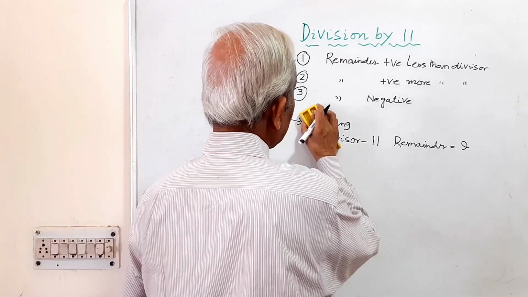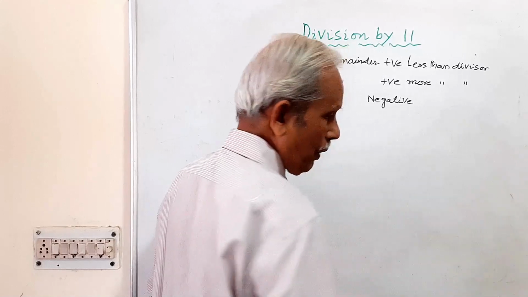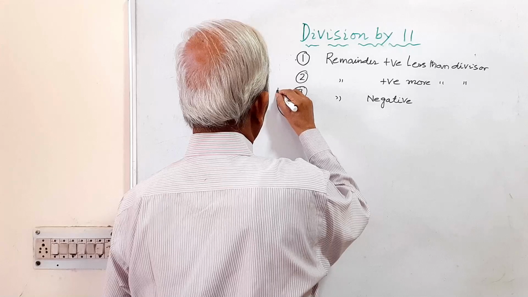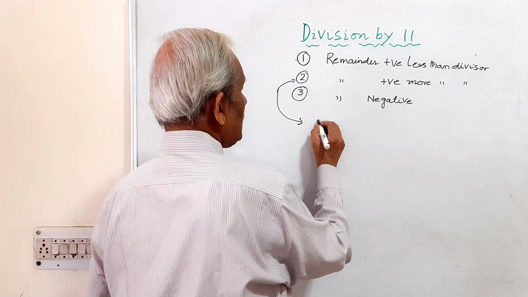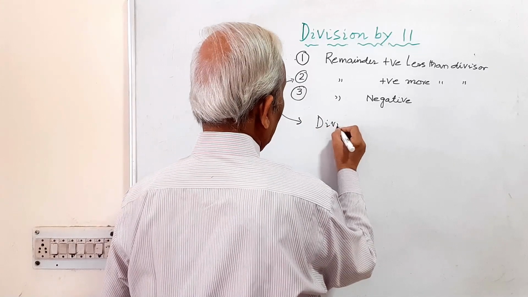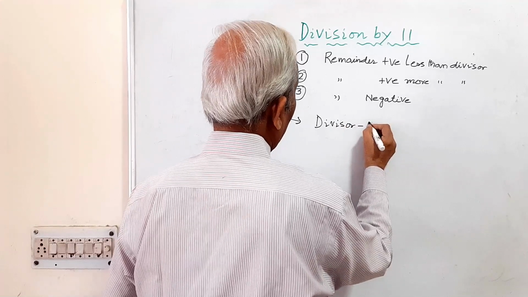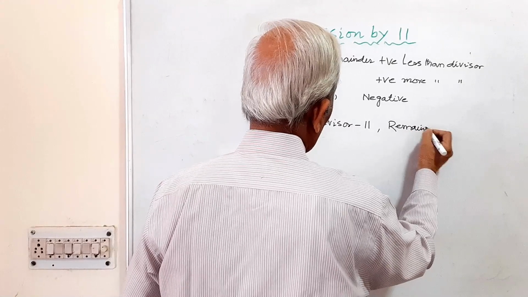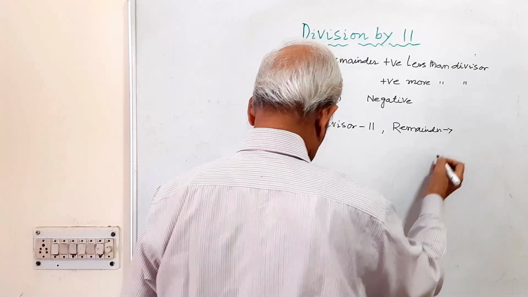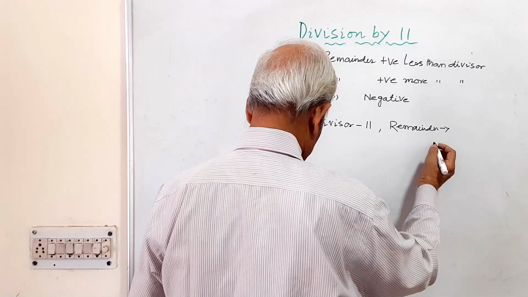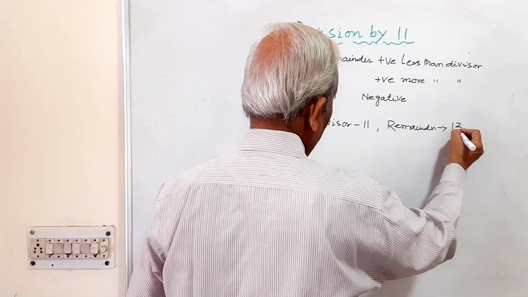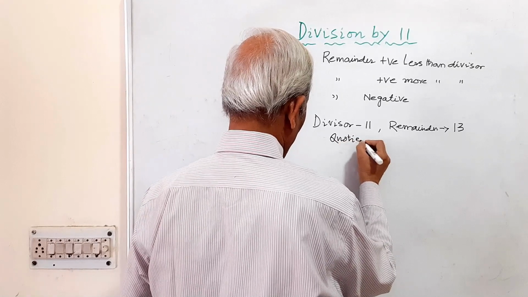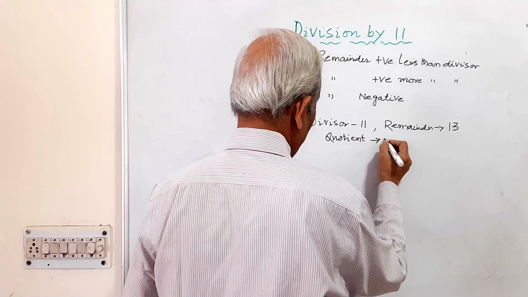Let us see the next case where remainder is positive but it's more than divisor. The second case. So let us suppose the divisor is 11 and remainder is 13 and quotient is 5.